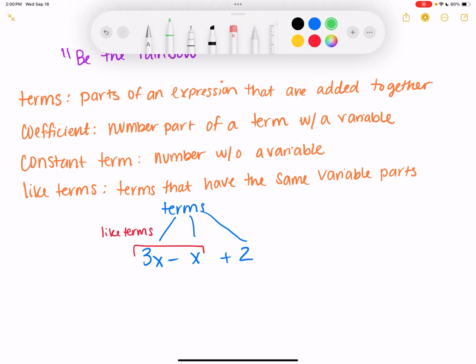The numbers in front of the variables are coefficients. And then the number by itself is a constant term. So when we're adding, subtracting, things have to be like terms for us to combine them. Otherwise, they just have to stay separate.